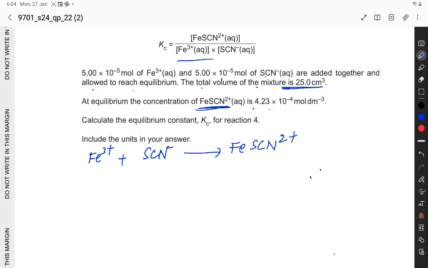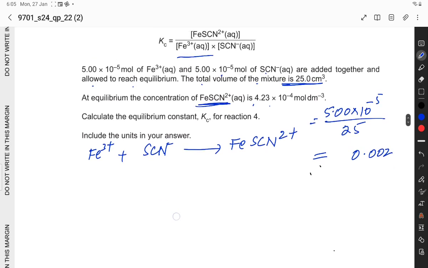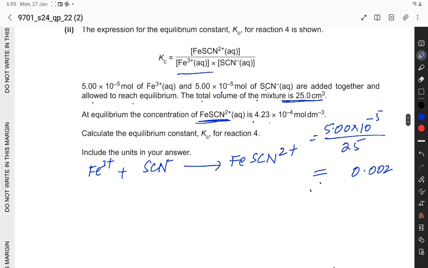First calculate the concentration of iron and SCN: moles over volume, 5 into 10 raised to minus 5 divided by 25. So it is equal to 0.002 mol. Because of the 1:1 ratio, there is the same concentration of SCN ion.